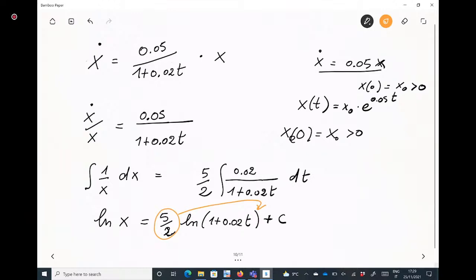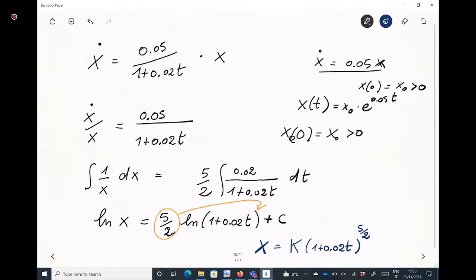So x is equal to the exponential of this, which is equal to k, where k is the exponential of c, times 1 plus 0.02t to the power of 5 over 2.